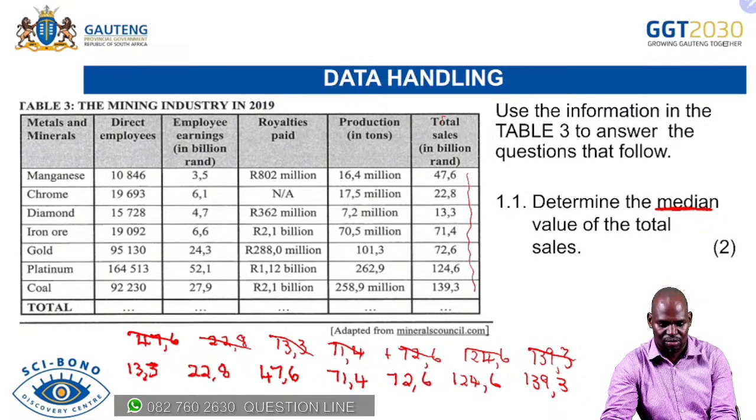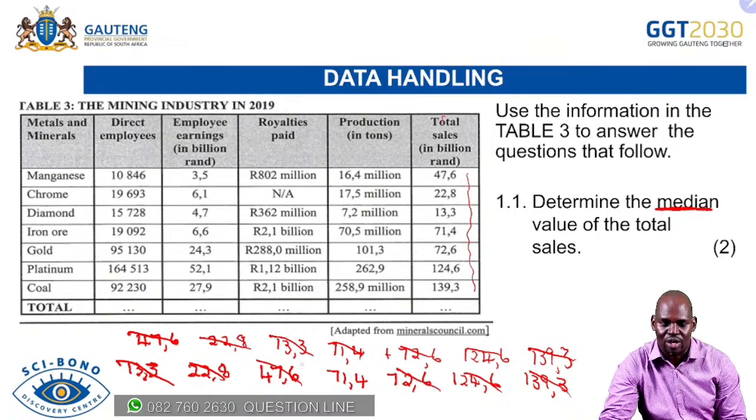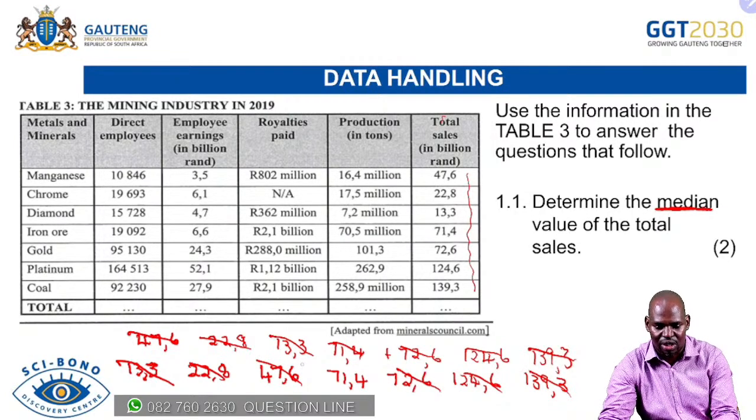If we've got an odd number of values, it means we've got only one value in the middle. If I cancel 1 on this side, 1 on the other side, 2, then 2, then 3, then 3, I'm left with only one value in the middle. So in this case, our median is 71.4.